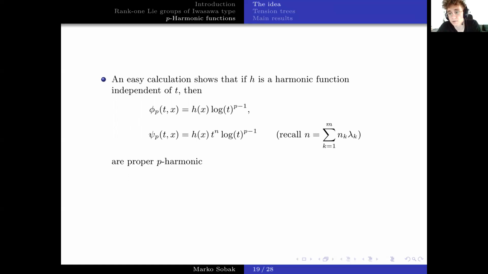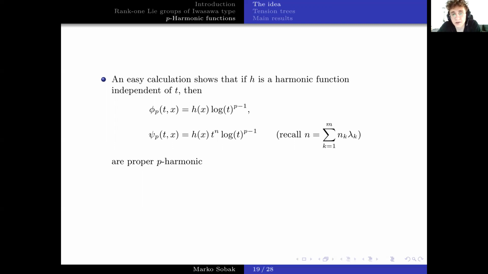This was in some sense already expected and already known, because proper p-harmonic functions of this form have been obtained for some other spaces. For example, for the real hyperbolic spaces, this was already known. So it was kind of expected that this should hold in the general case, so for any rank 1 Lie group of Iwasawa type.